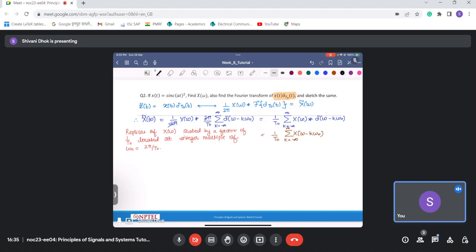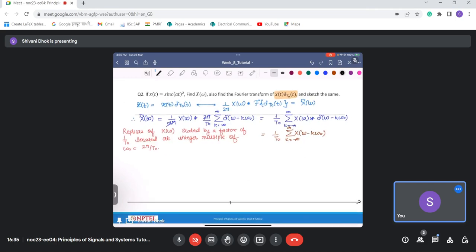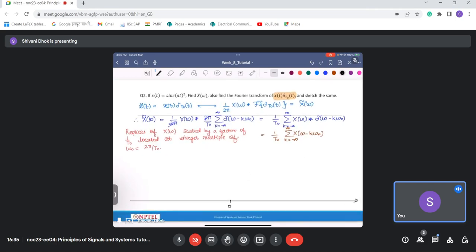So how does this look? What we'll assume is this omega naught is very large compared to this 2 pi by a. So let's say this is 0, this is 2 pi a. Let's say this is omega naught, this is 2 omega naught, and so on. This is minus omega naught, minus 2 omega naught, and so on.